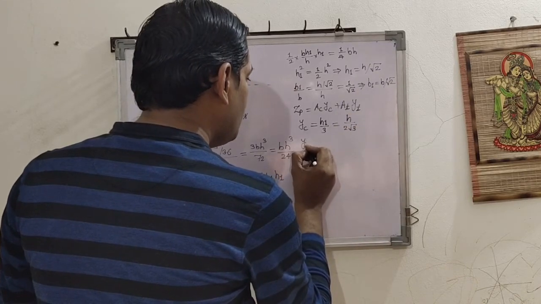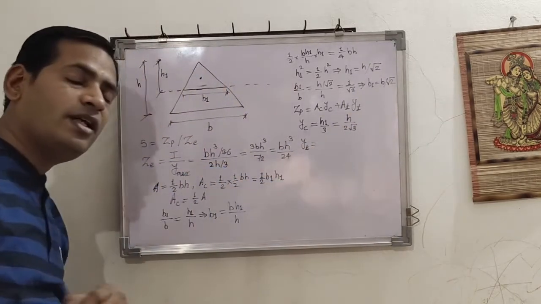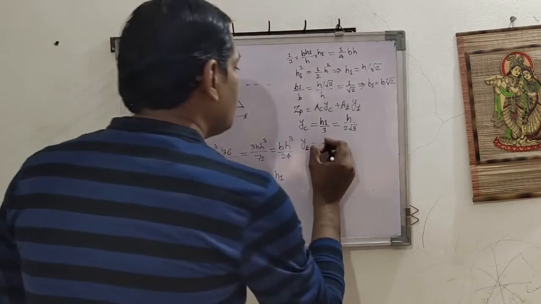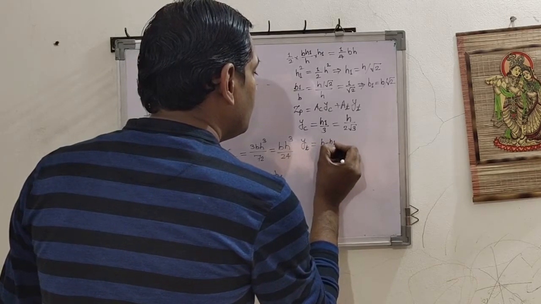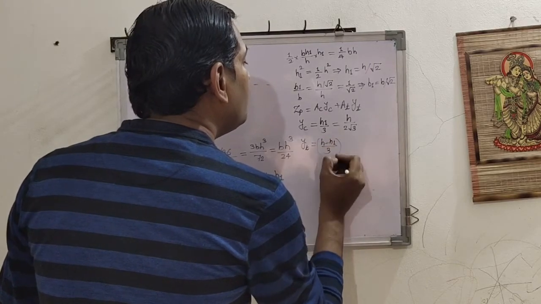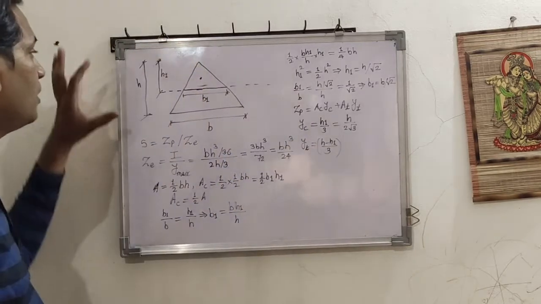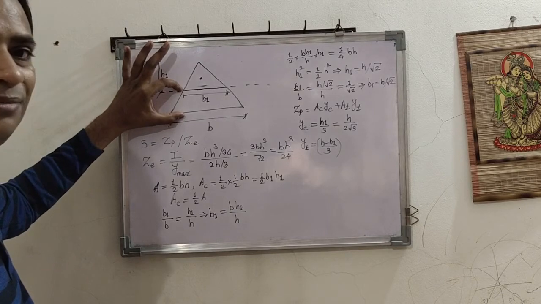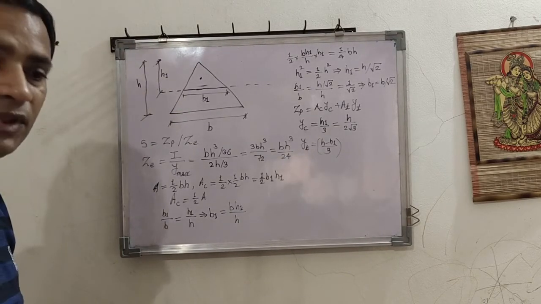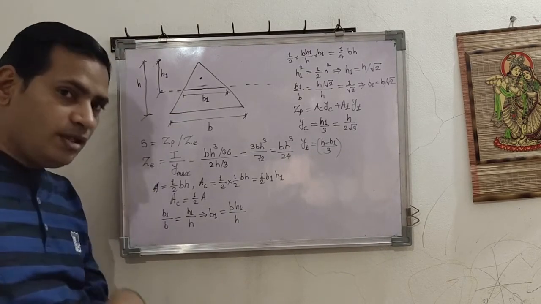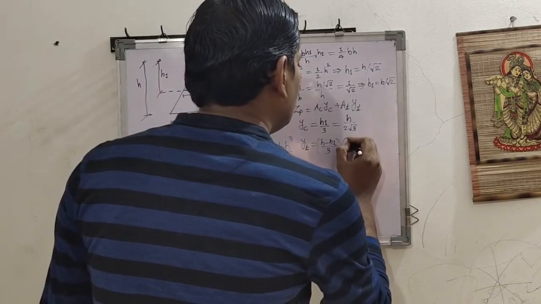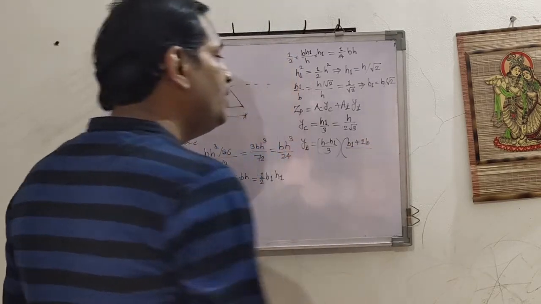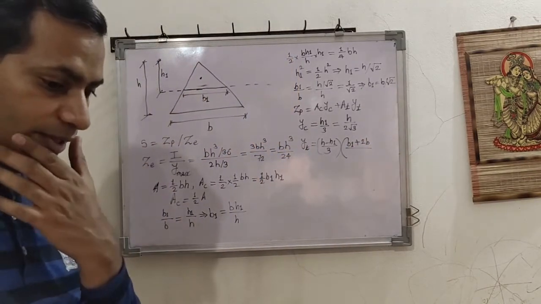What about YT? YT is a little bit complicated. YT will be h minus h1 upon 3. You try to correlate this to the diagram. h minus h1, it means this height, upon 3 into b1 plus 2b divided by b1 plus b.